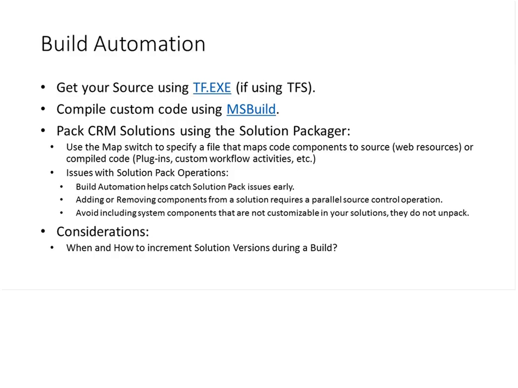There's a place within that file for the version, or you can update the description. Each of these is possible during the build. Doing a small update to the solution XML file typically will not break your solution, either pack or import operations, provided that you make a legal change to the solution XML file.